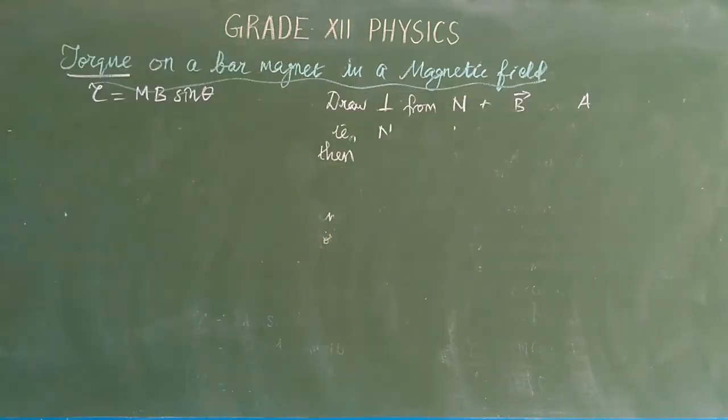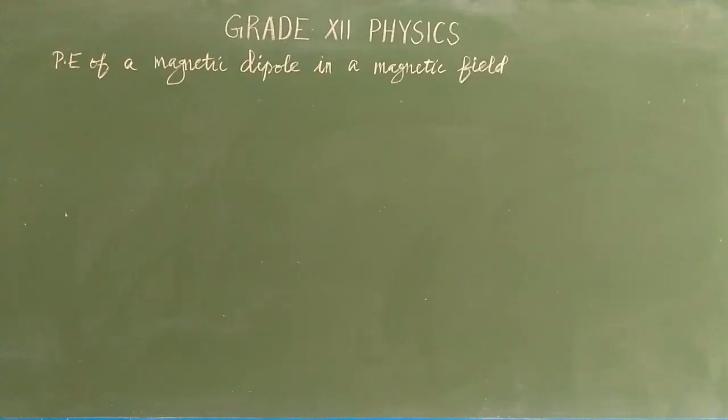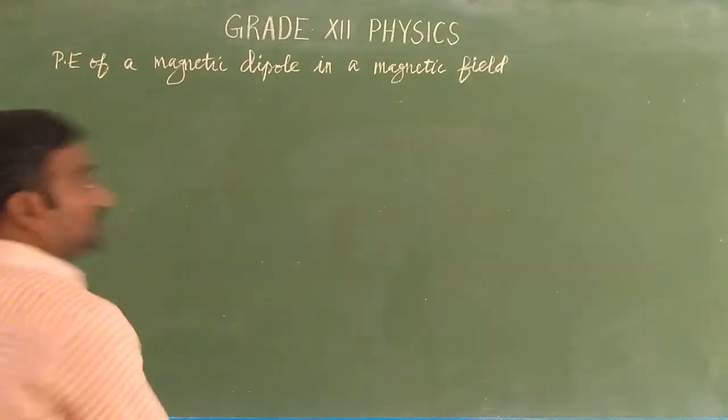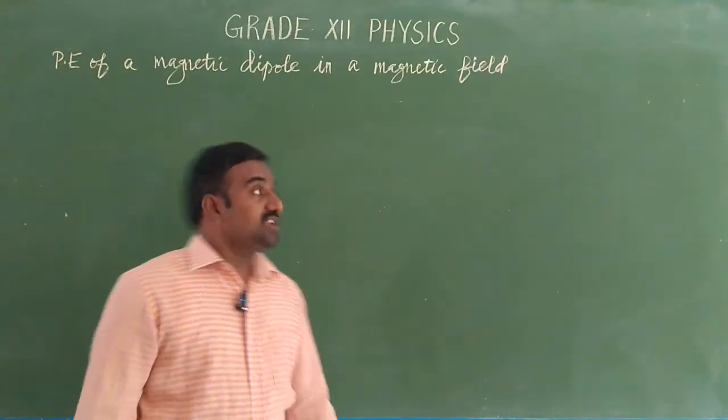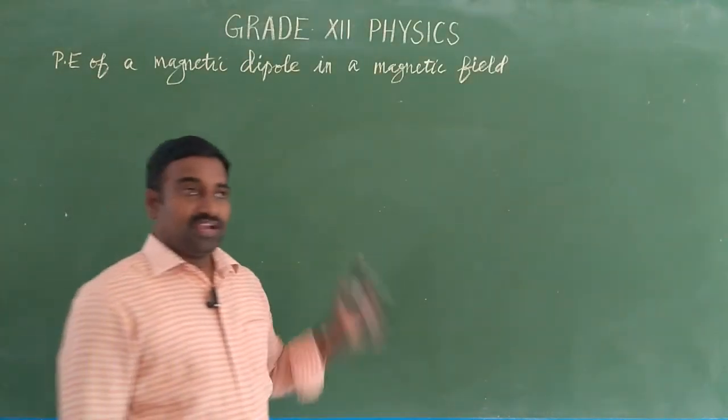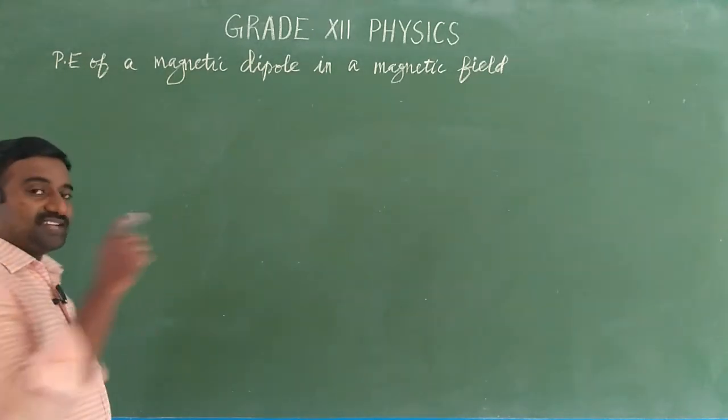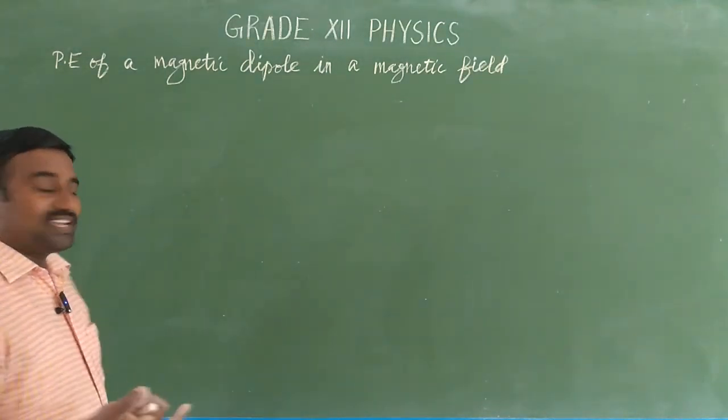Next topic is potential energy of a magnetic dipole in a magnetic field. Already we know that a dipole is placed in an external magnetic field. What is the torque experienced?